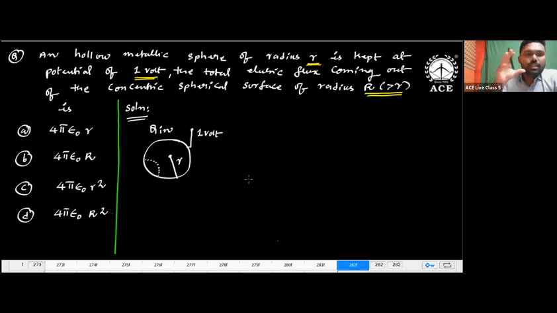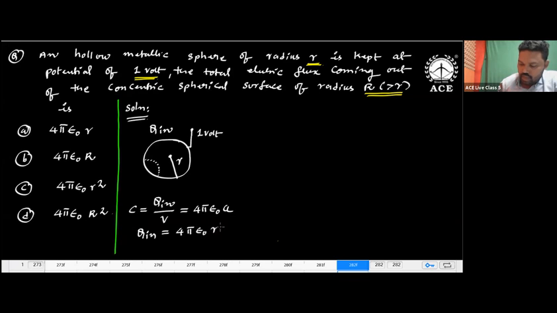So it is an isolated sphere, beta. When it is raised to 1 potential, there will be a charge induced on that. So for an isolated capacitor, capacitance C is, by definition, charge induced by voltage V, which is equal to Q by 4 pi epsilon naught into R. Here the potential is 1, so Q induced is equal to 4 pi epsilon naught into R into 1.